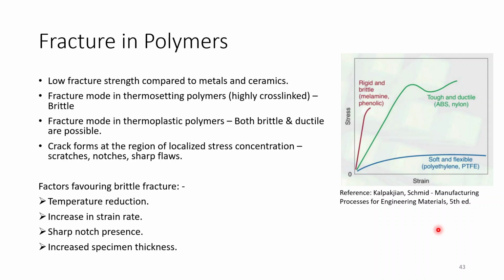Next is fracture in polymers. Polymers have low fracture strength compared to metals and ceramics. In thermosetting polymers, which are highly cross-linked, the fracture mode is brittle, and in thermoplastic polymers both brittle and ductile fracture are possible.